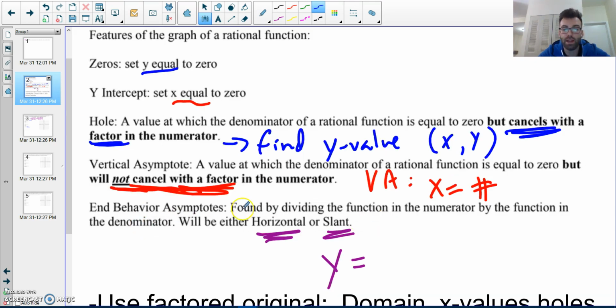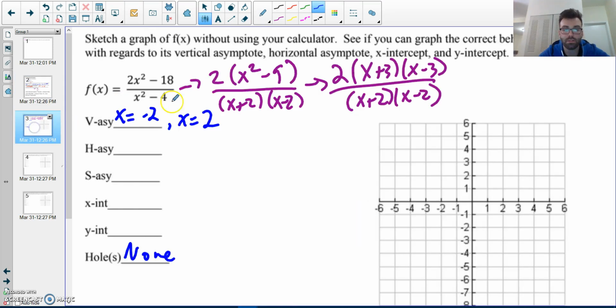Horizontal or end behavior asymptotes are found by dividing the numerator by the denominator. If I look here, this is my simplified form. I divide my numerator by my denominator. I want to think about it as bottom heavy, top heavy, or even heavy. If I think about the top, I'll have 2x squared on top.